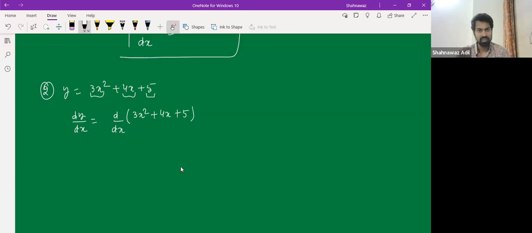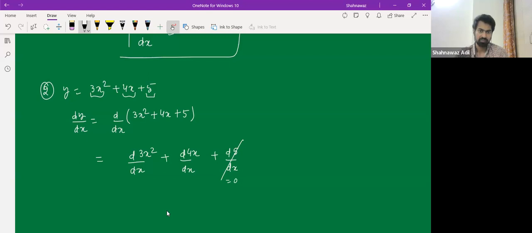Yes, sir. And then we can use the additive rule of differentiation. So what we can do is take each term separately: d of 3x square by dx plus d of 4x by dx plus d of 5 by dx. Dx is always there. So this is a constant term, so this is cancelled.